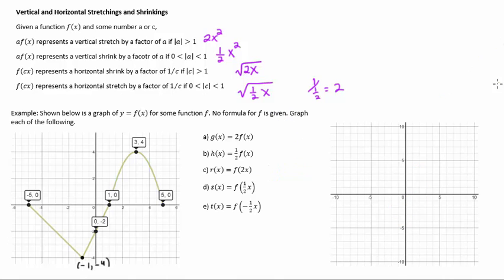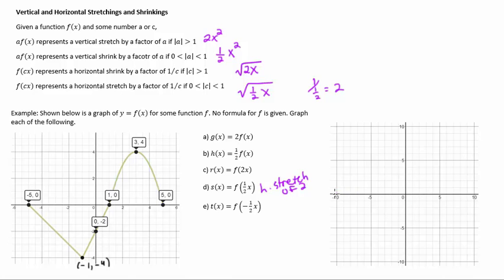Now if we want to do f of 1/2 x, that is a horizontal stretch of 2. Because it's inside, it's affecting x, that means it's a horizontal something, and it's the opposite of 1/2, which is 2.